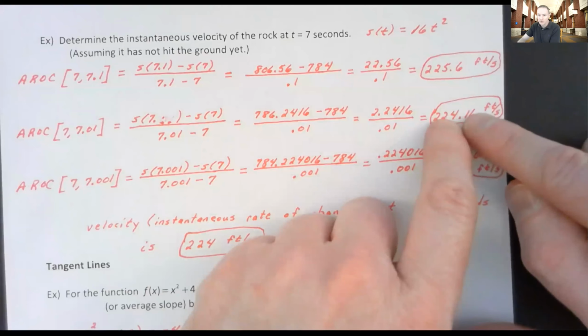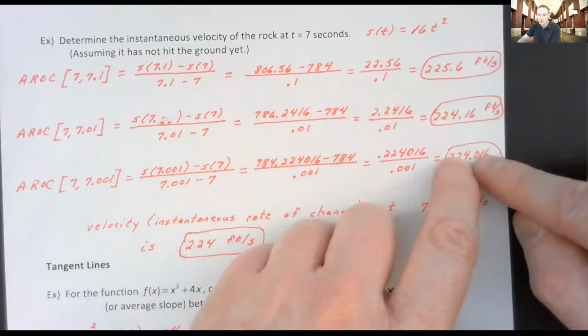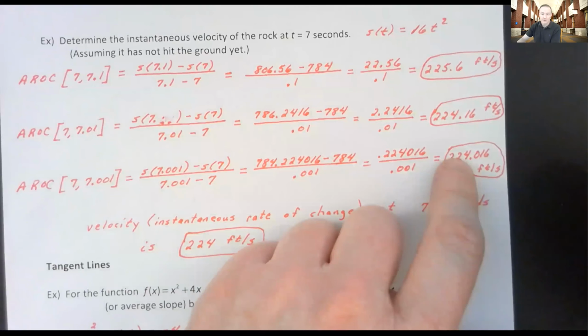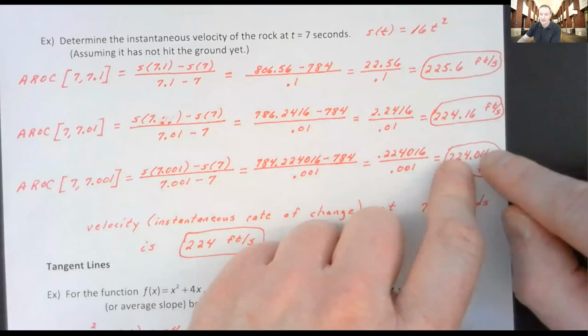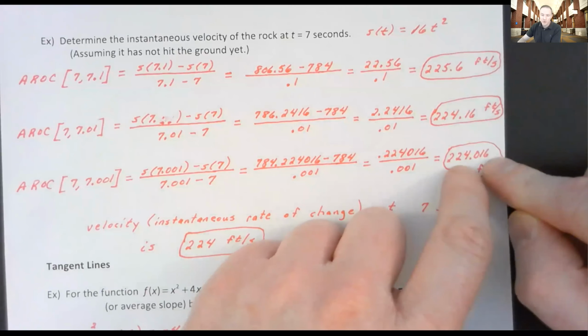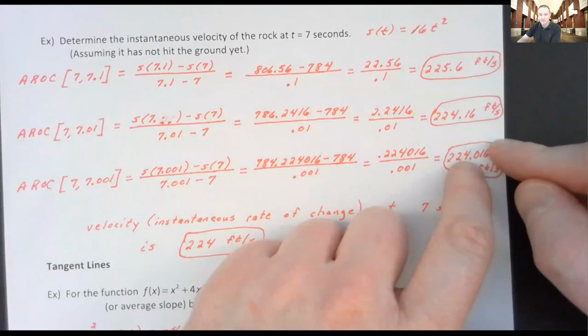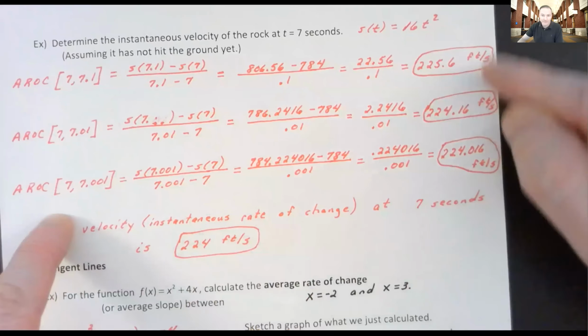Here I have 224.16. Here I have 224.016. If I said, well, what's going to be the average velocity between 7 and 1/10,000th of a second later? I guarantee it'd be 224.0016.